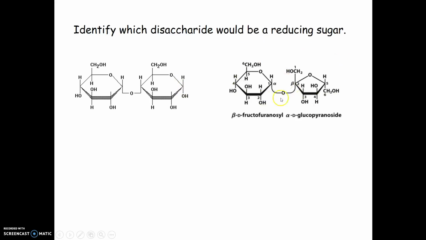If we look at our sucrose molecule over here, also over here on this disaccharide, when we see that in the straight chain form, it would form an aldose, we know that this structure here is a hemiketal or hemiacetal.